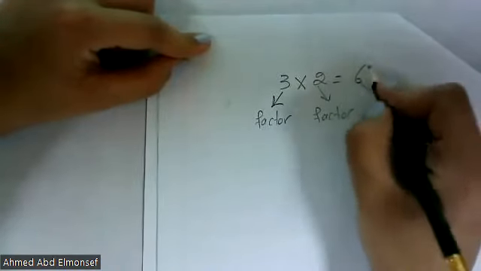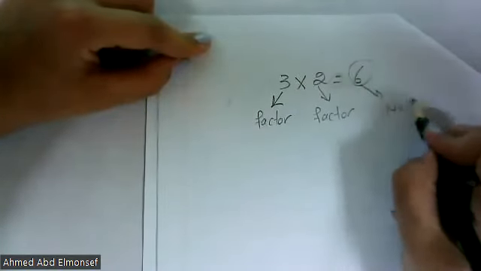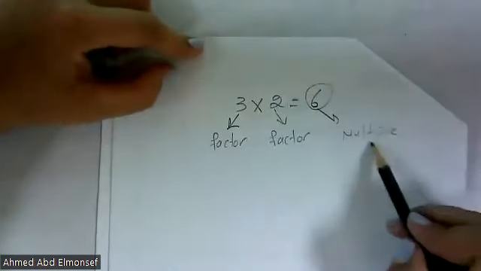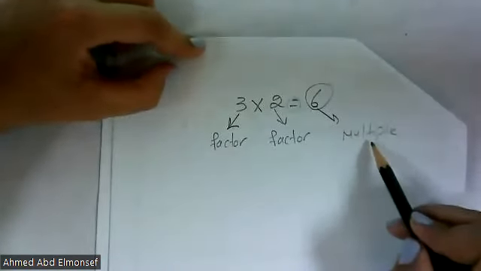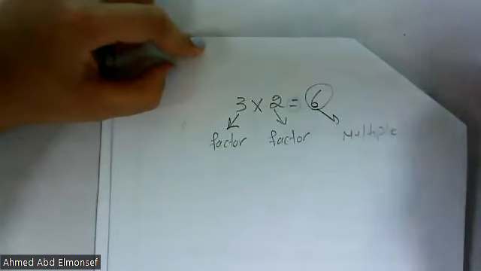And this number which is after the equal sign is called multiple or what, guys? Do you remember multiple or what? There is another word that's equal to the multiple. Does anyone remember? Yes, product. Okay, product.